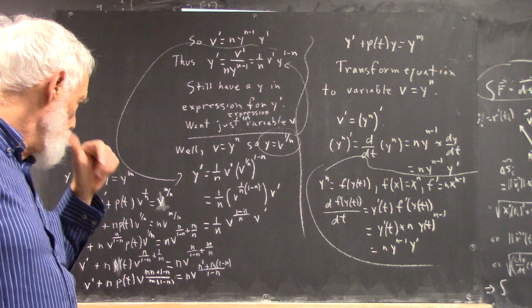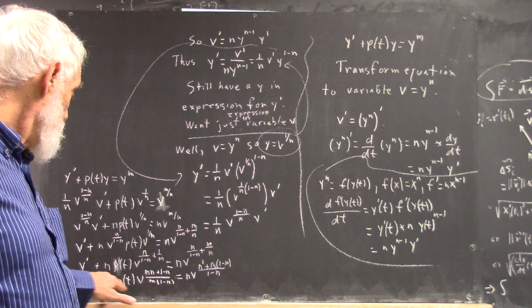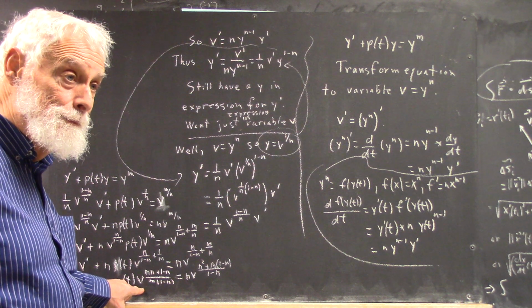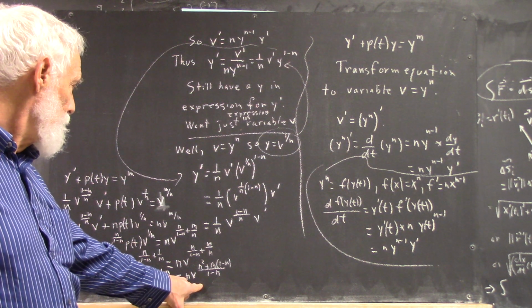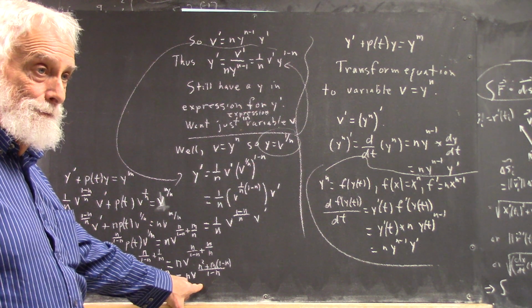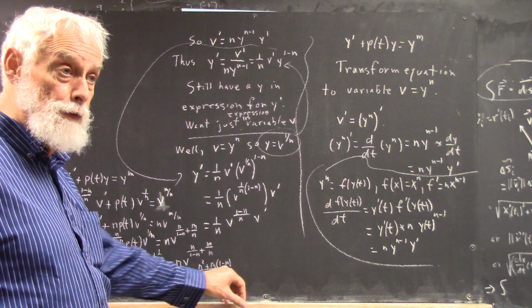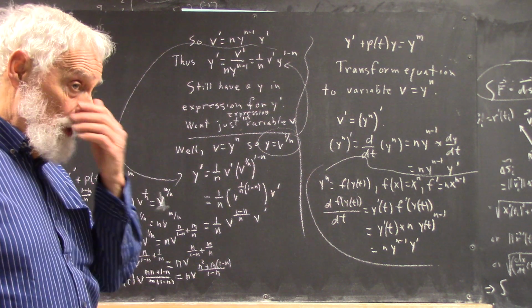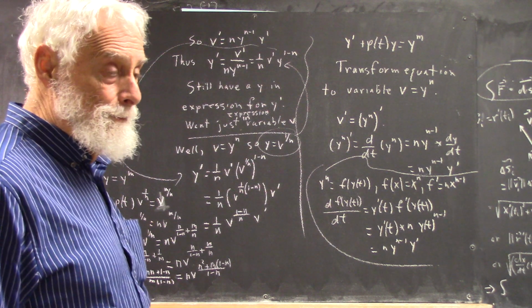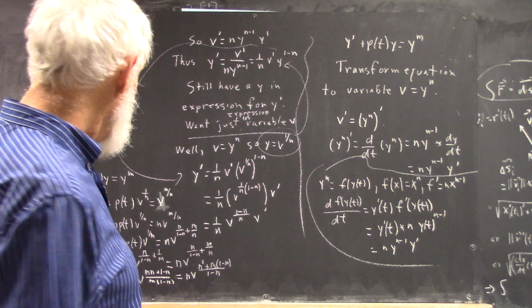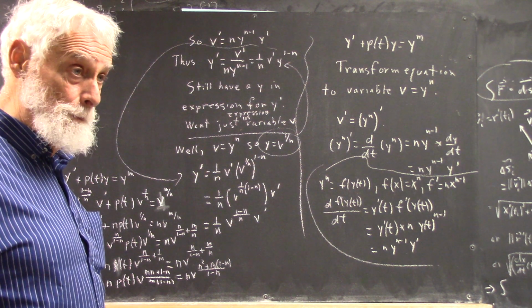Or if I choose n such that this exponent is 1, then I just have a linear equation, right? And if that does the right thing to this, I get an equation that I can actually solve. Now, I'm not sure I wrote that equation down right, but that's how the change of variable goes. Whether this works out or not is not relevant to the steps you take in changing the variable.